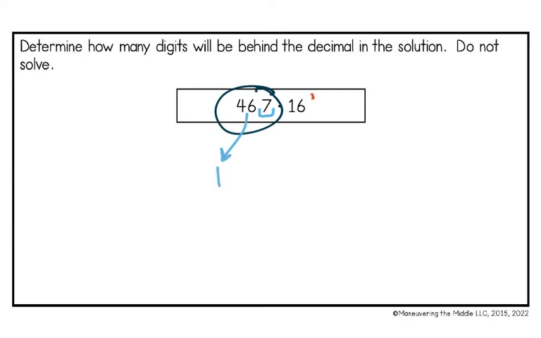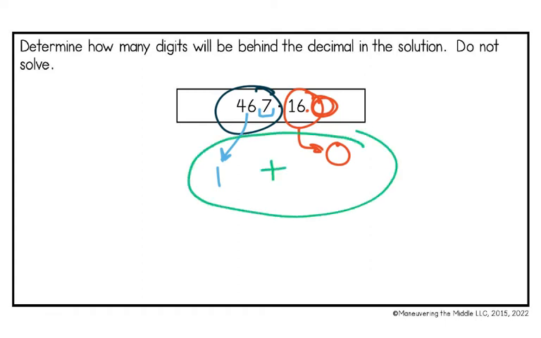Now we're going to look at 16. 16 is a whole number, and there are no numbers behind that invisible decimal. So that has 0. So our combined total is 1 plus 0, which is 1. So in this problem, there's only one digit behind the decimal.